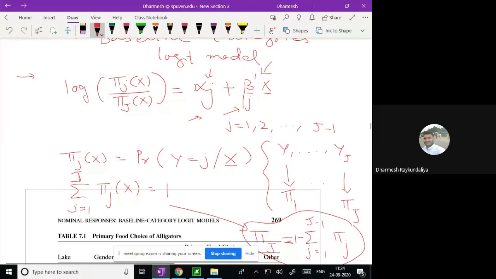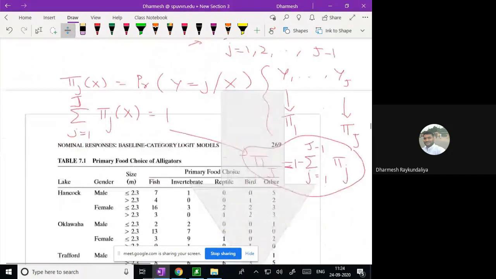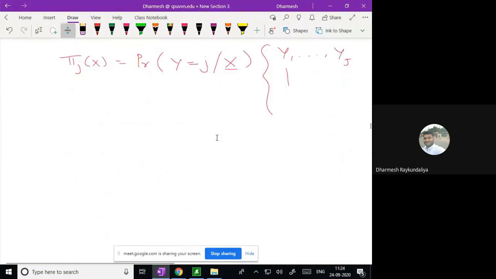How will you allow them? You need to know the form pi j upon capital pi J is equal to e power alpha j plus beta j dash x.